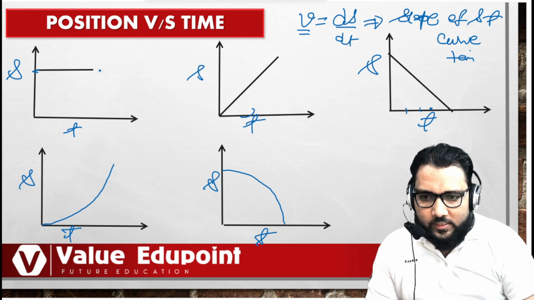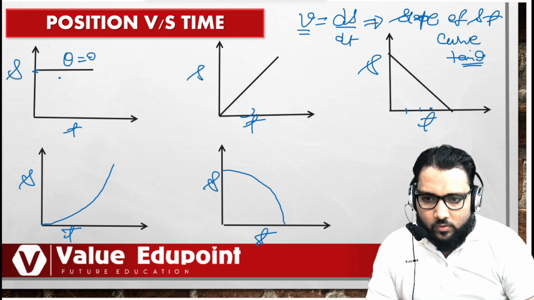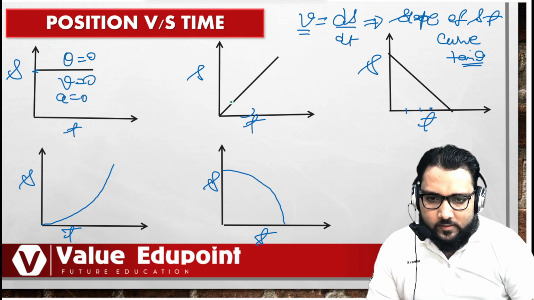So here theta is equal to 0, it means velocity is 0, and acceleration is 0. Now in this case theta is constant, so velocity is constant, and since velocity is constant, acceleration is 0.